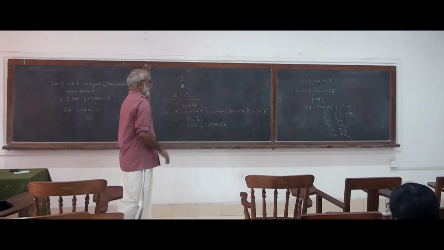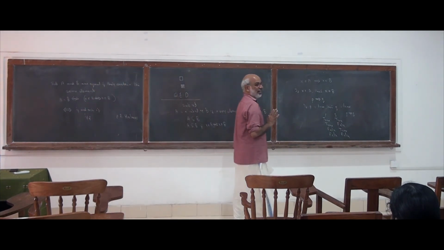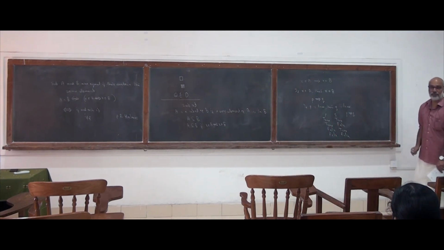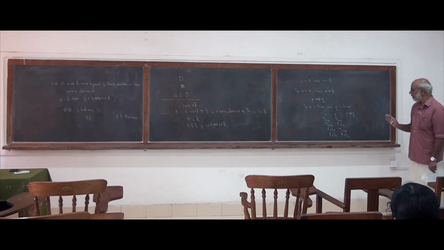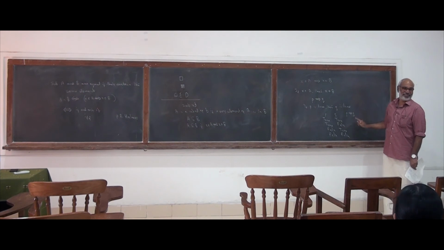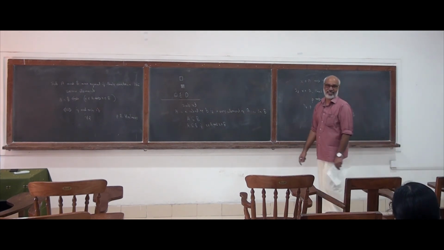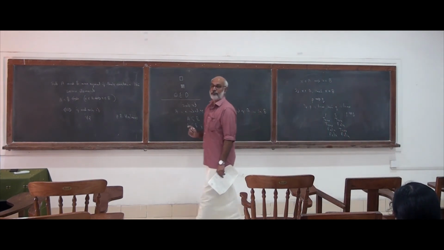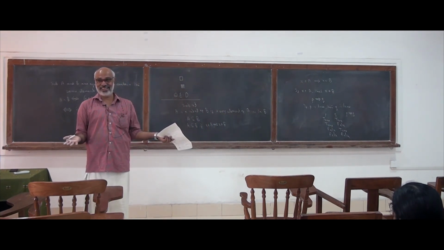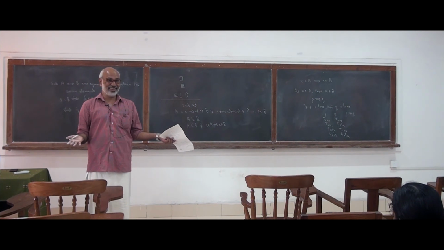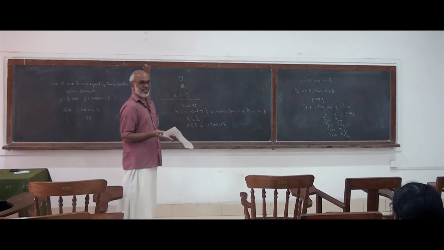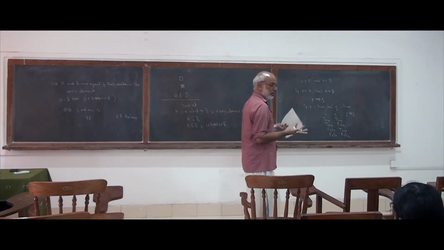Then under these circumstances, what happens to the statement P implies Q? P implies Q only states that if P is true, then Q is true. If P is false, we are not telling anything. If P is false, Q can be true or false. We don't know.